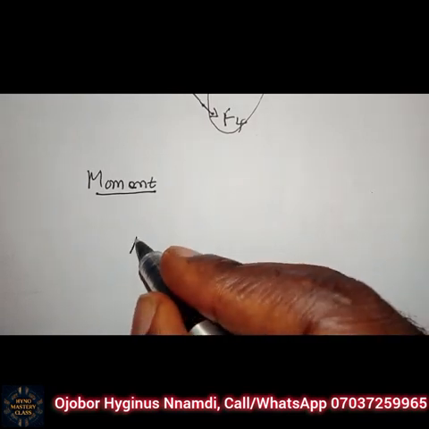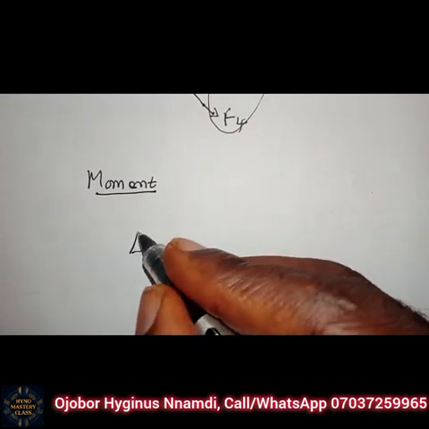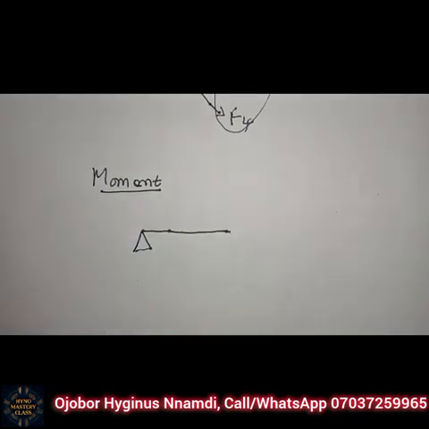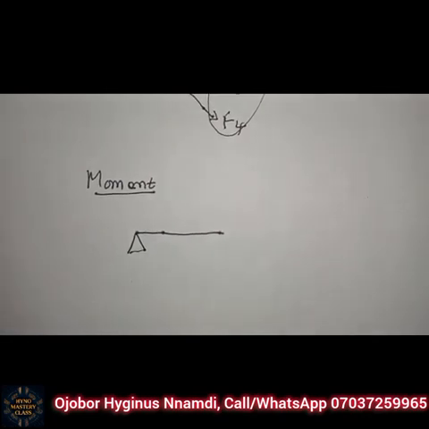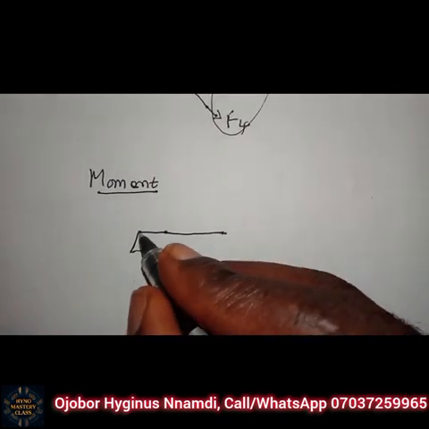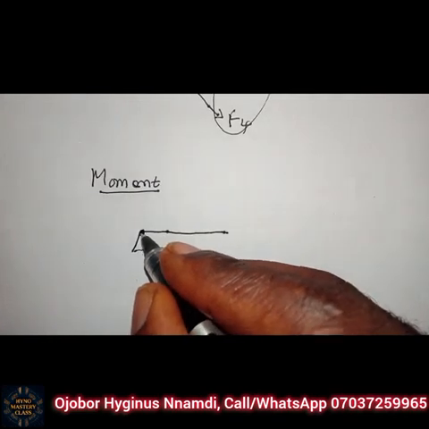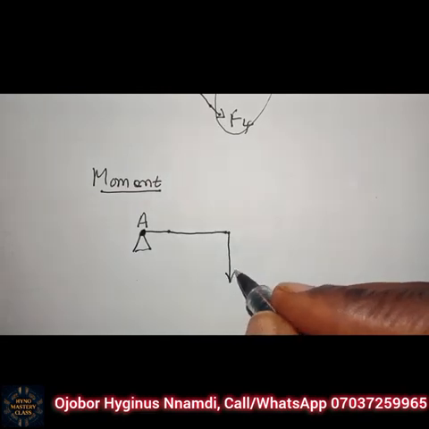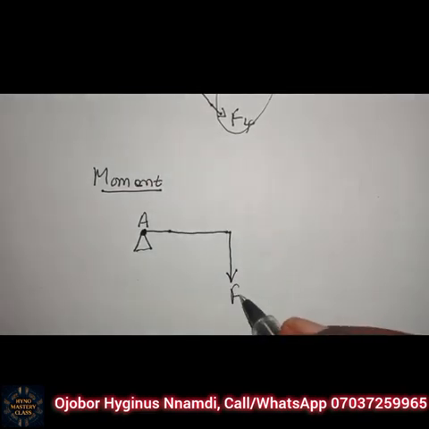If this is a pivot, this is what you use to represent the moment of a force. If you want to take the moment of a force about a point, this is the turning point, and then you apply a force.